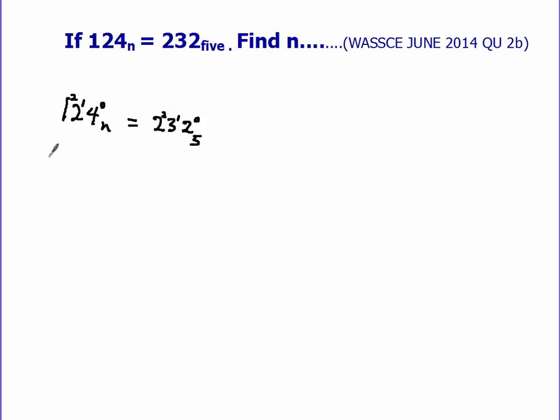Good. So the next step is to expand it by multiplying these individual digits by the base.